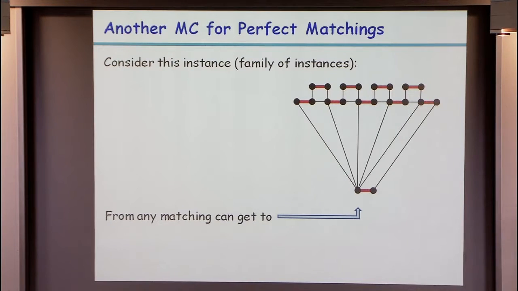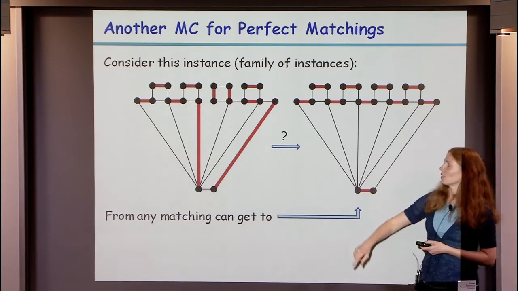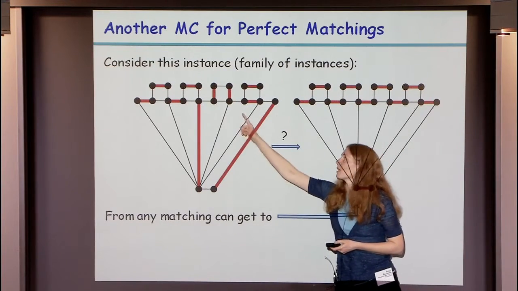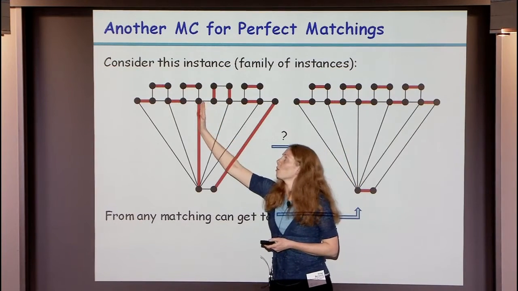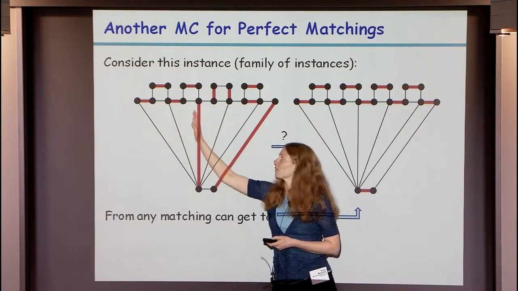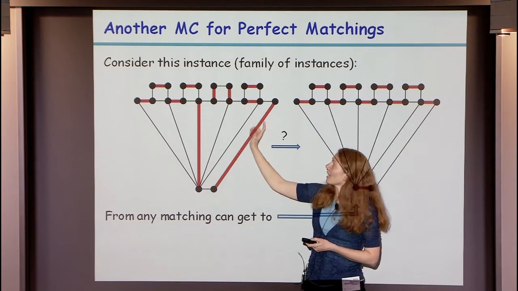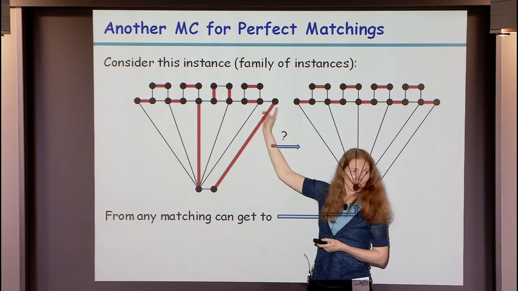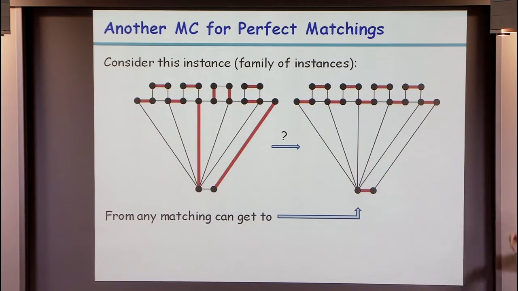If, on the other hand, I do not match the bottom two vertices to each other, I match them to somebody up there, then I have only one possibility for the matching edges on the left of this left edge connected to the bottom vertex. But I have many possibilities between the two, let's call them horizontal and vertical lines.